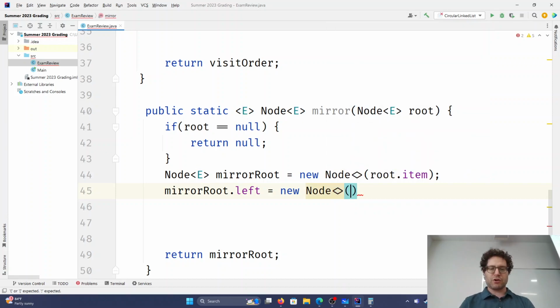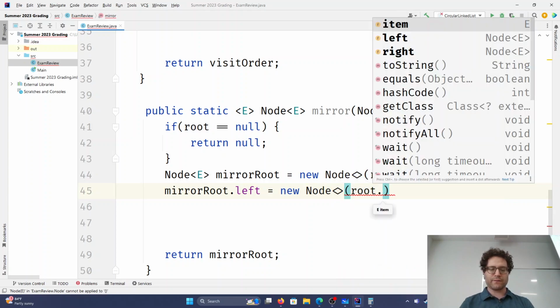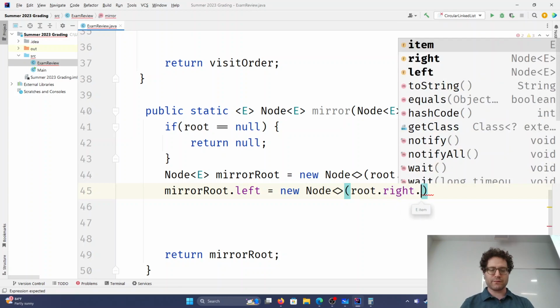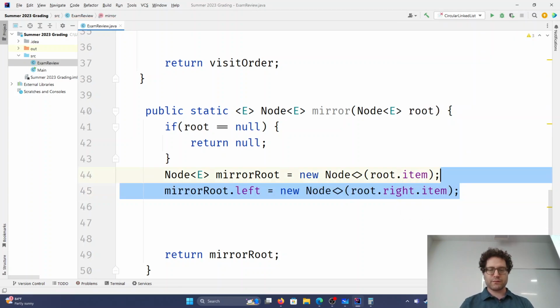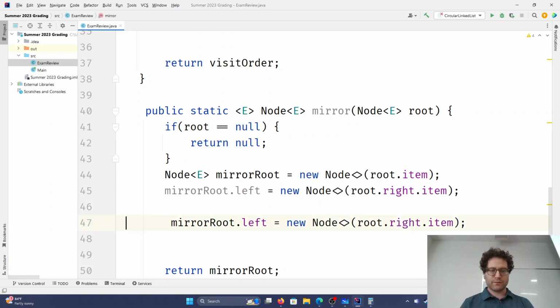New node, root dot right dot item. And mirror node dot right should get a new node with my left item.